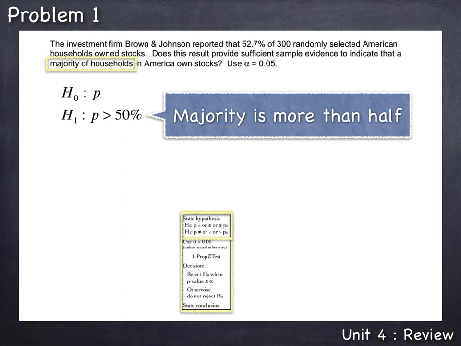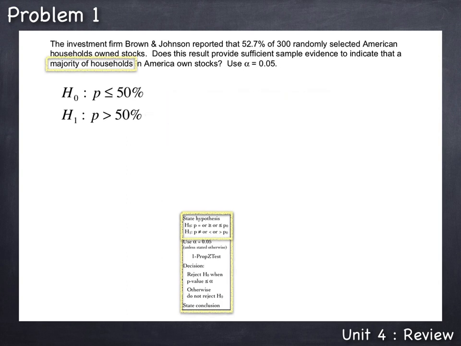Now, whenever the alternative H1 involves the greater than, the null hypothesis always involves the opposite and equal to. So H0, the null hypothesis, is represented as P less than or equal to 50%. Now we've completed the first step, stating the hypotheses.